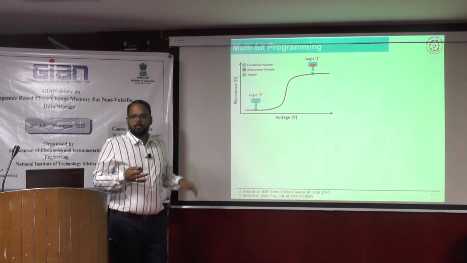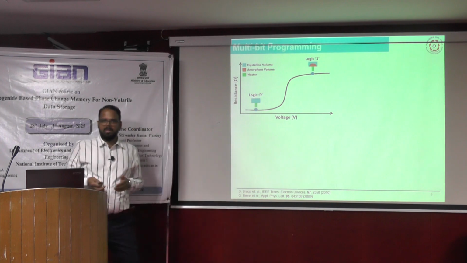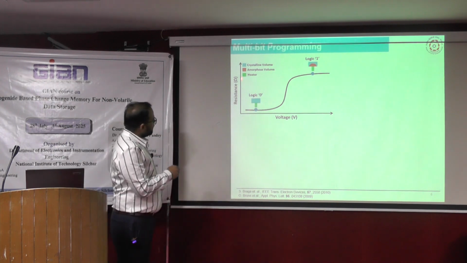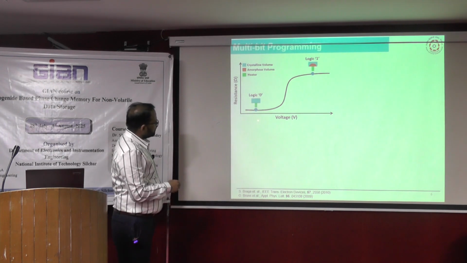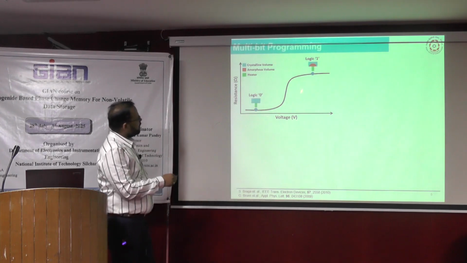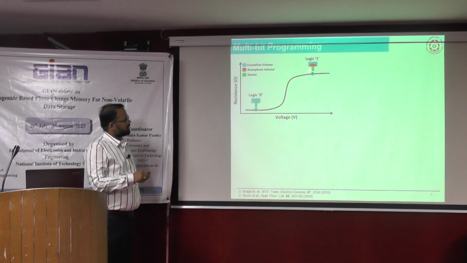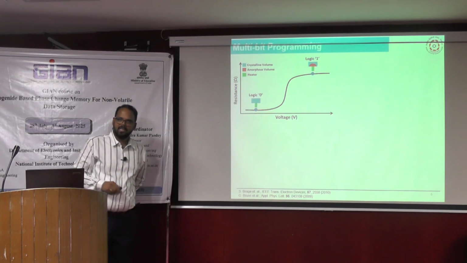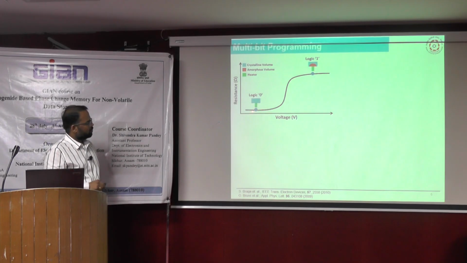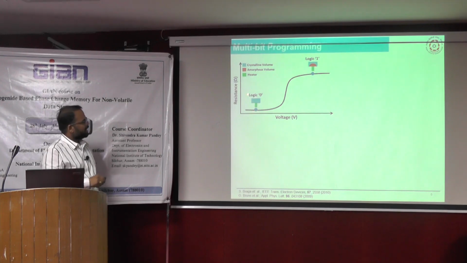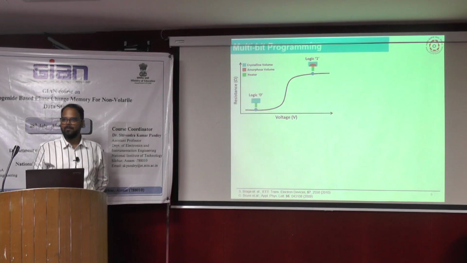Now, multi-bit programming. So what is multi-bit programming? As you can see, if you have this voltage and this resistance, these two states you can easily identify. One is low resistance, another one is high resistance. Is it clear? This is low resistance, this is high resistance, and these two states you can define as logic 0 and logic 1. Is it clear, all of you?